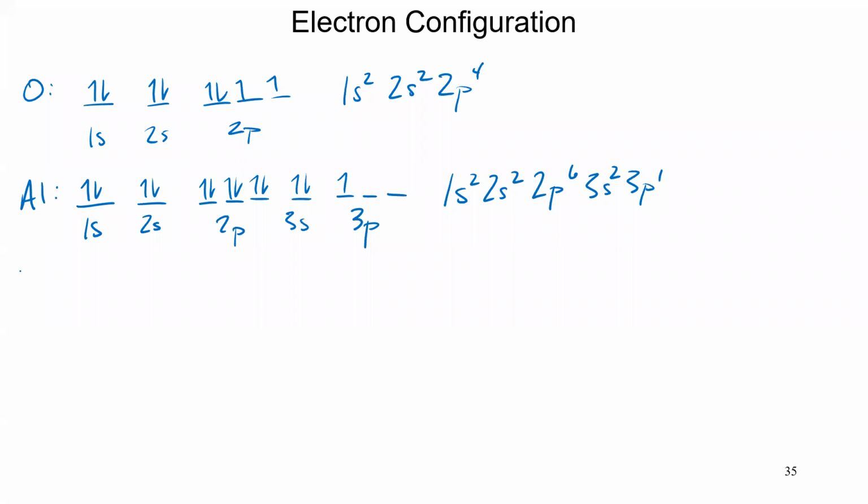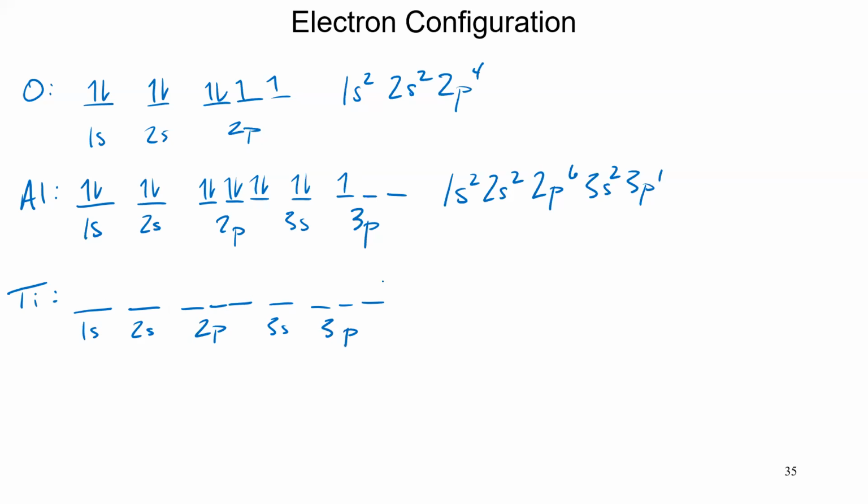How about titanium? How many electrons in titanium? 22. 22. And so titanium is the first element that we have talked about that has some d electrons.